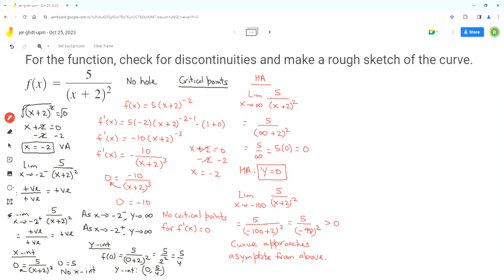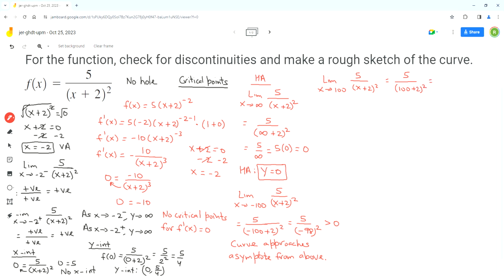Now we can do the check on the right side of the x-axis. So we'll use the limit x approaches positive 100, for the function 5 over (x plus 2) squared. Now we can apply the limit. So we get 5 over (100 plus 2) squared.